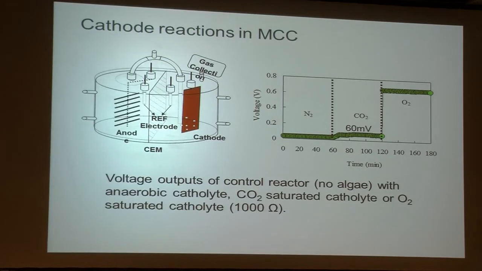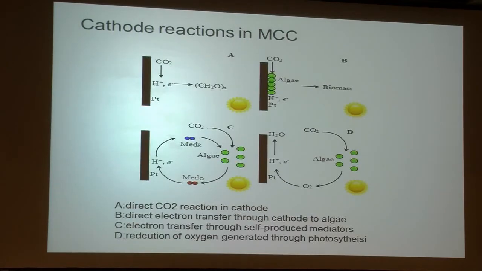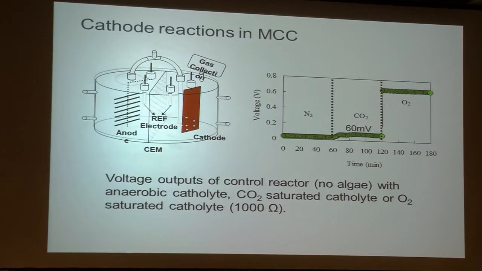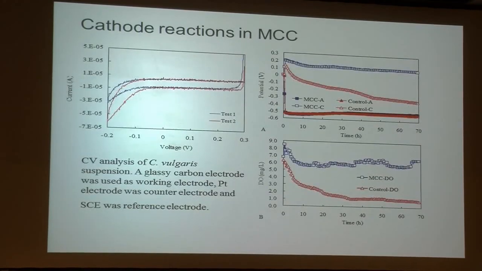The first pathway is direct electron transfer. If it were this pathway, we couldn't have this kind of result, because we have a high oxygen concentration. So we believe it is not electrons directly transferred to the electrode. We also tested CV, and we also don't believe that carbon dioxide reduction happened in the cathode part.